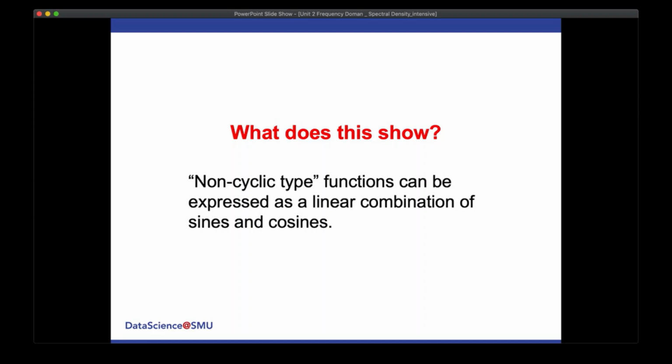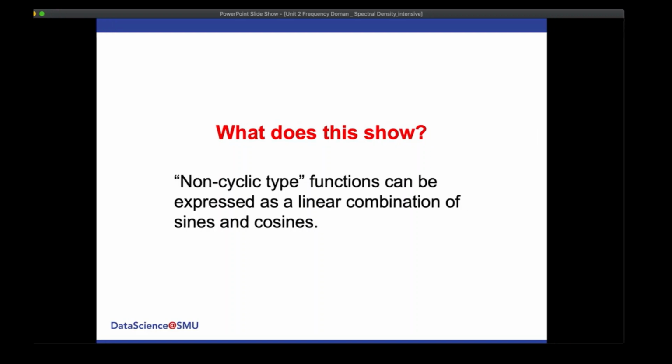That non-cyclic type functions such as f of x equals x and f of x equals e to the x can be expressed as a linear combination of sines and cosines, which means that we can take a time series data set. If we can approximate it with a function, then that function can be broken down into sines and cosines. We analyze the frequency content of the sines and cosines, and then that lets us have an idea of what the frequency content is of the data set.